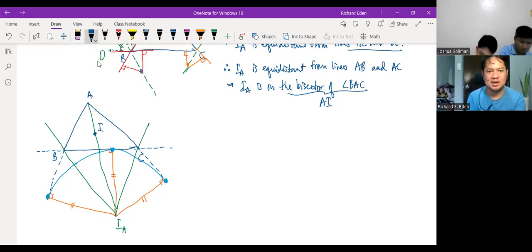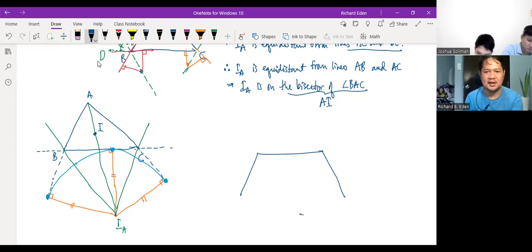Who's to say the situation isn't like this? I sub A passes through this point and this point and this point.